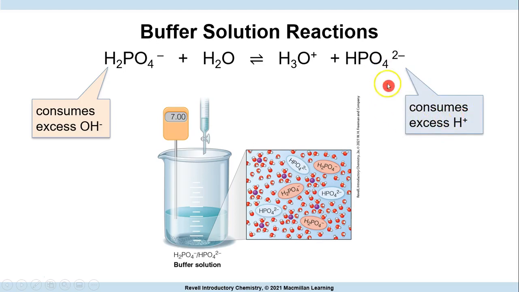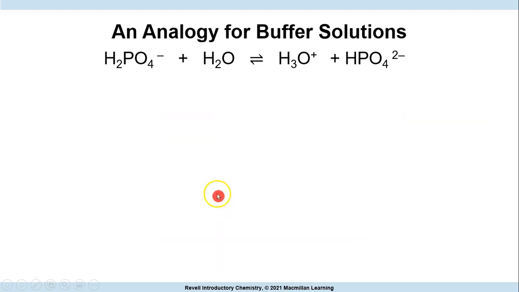So if you add acid, it will be consumed by the hydrogen phosphate. And if you add any base, it is going to be consumed by the dihydrogen phosphate. So the ratio of the dihydrogen phosphate and the hydrogen phosphate will change, but the pH will not change because they will consume any acid or any base that is added. So that is how buffer solutions work.